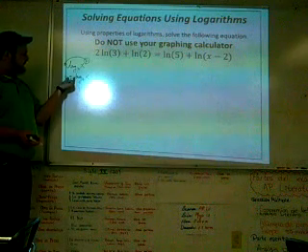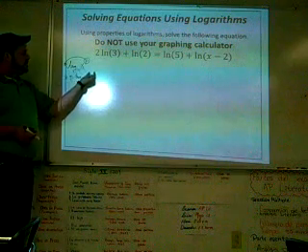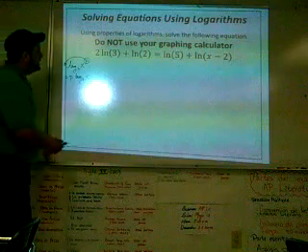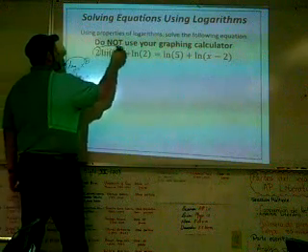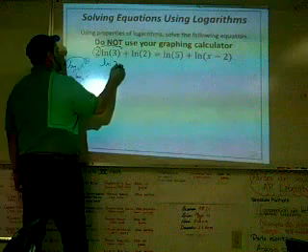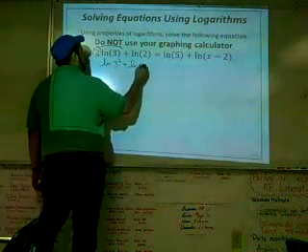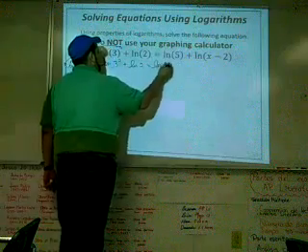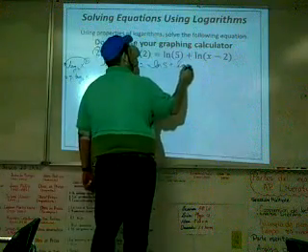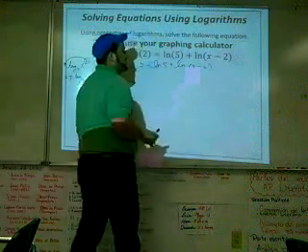I can take the p that is in front of the log and bring it up as my exponent. How does that help? That means we can bring that 2 up here, and I can rewrite this as the natural log of 3 squared plus the natural log of 2 is equal to the natural log of 5 plus the natural log of x minus 2.